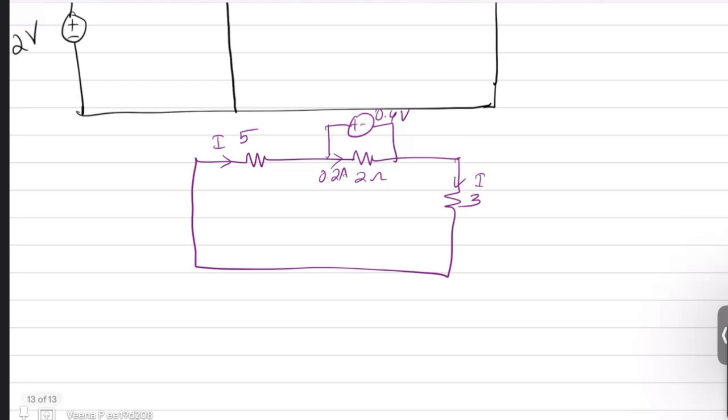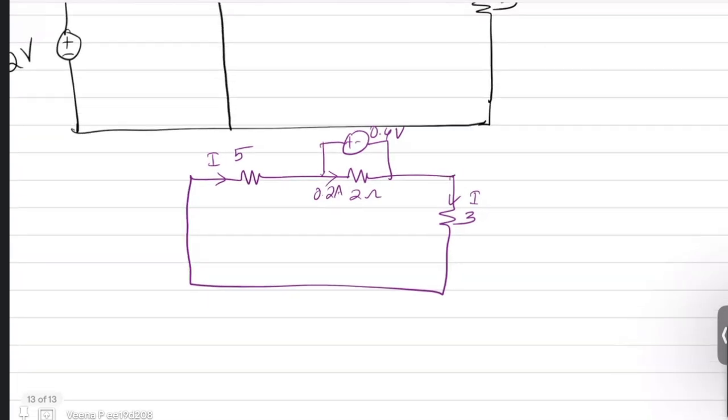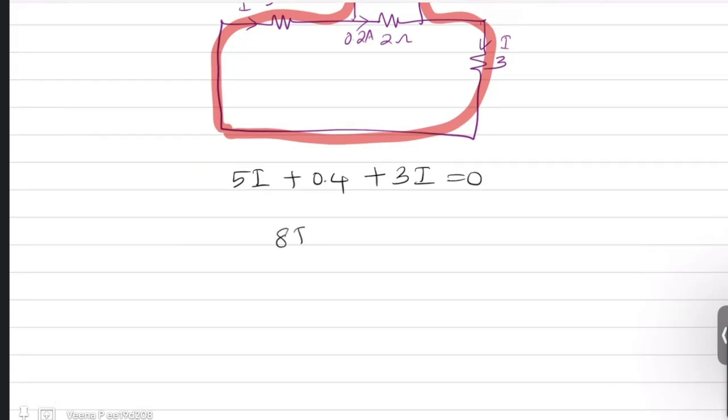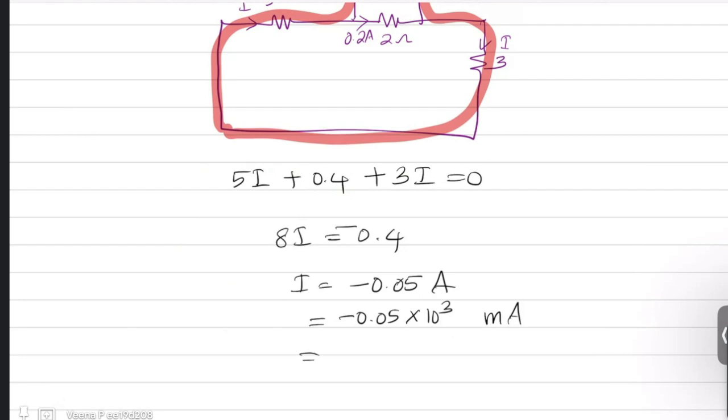So if you apply Kirchhoff's voltage law across any path, say this path, you get 5I plus 0.4 volts plus 3I is equal to 0, or your 8I is equal to minus 0.4, or your I comes out to be minus 0.05 ampere. Now this is minus 0.05 into 10 raised to 3 milliampere, which is nothing but minus 50 milliampere.